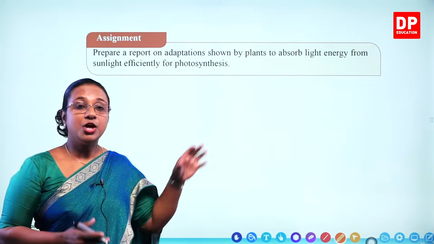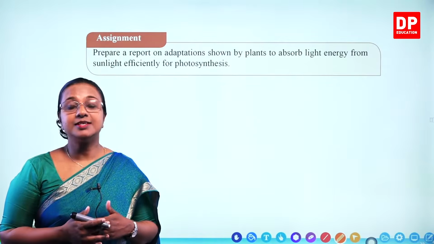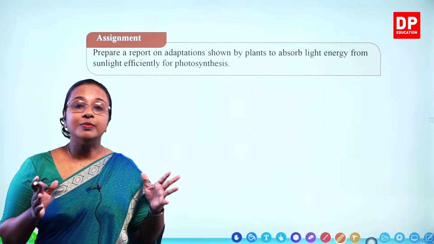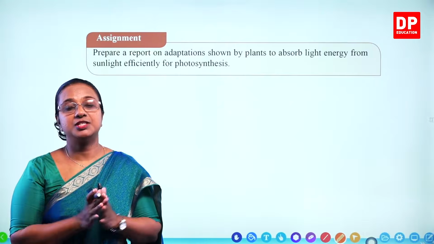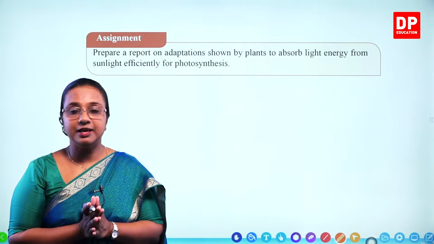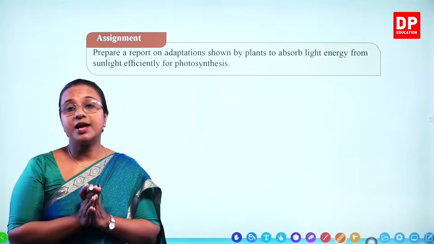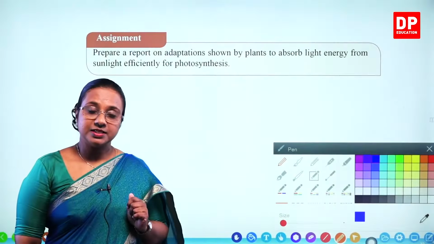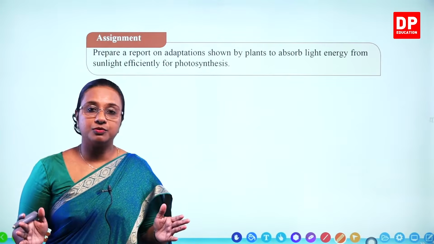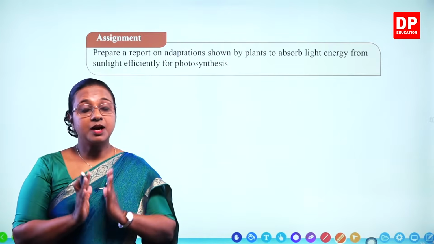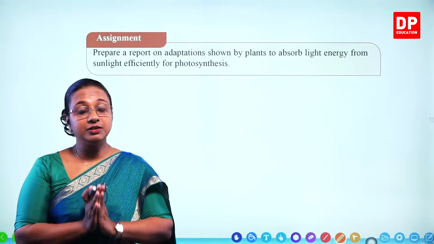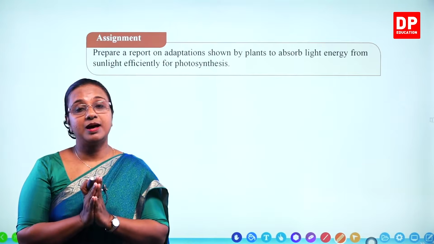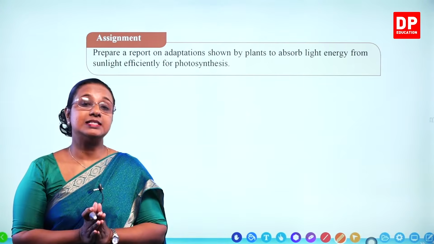I am sure students, you are very much familiar with all these adaptations. If you look at a plant and observe closely, you will see there are many adaptations in order to absorb sunlight efficiently. First, you all write them down and then listen to the discussion. So first, if we think of how a plant grows, the shoot system comes out of the soil and usually grows upwards, but you have seen a lot of plants growing towards the sunlight.